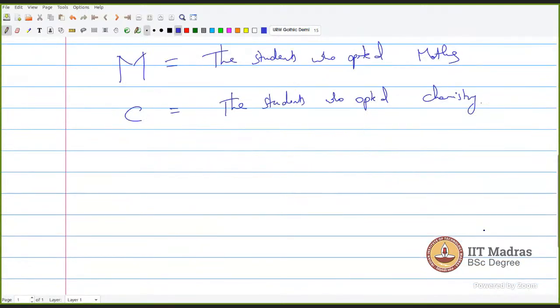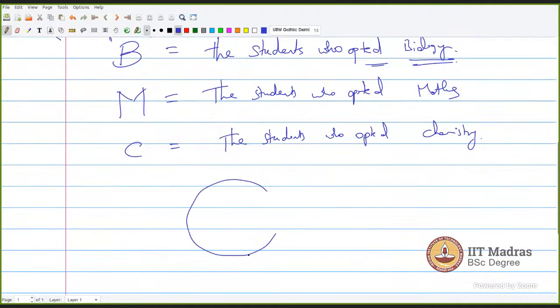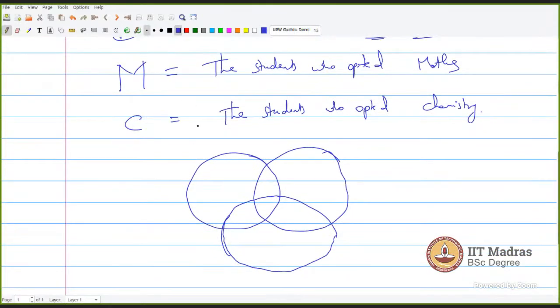I can draw a Venn diagram based on these three sets. So this is biology, this is maths, and this is chemistry. Now identify what region represents what. So we have 1, 2, 3, 4, 5, 6, 7, and the outer one is 8.